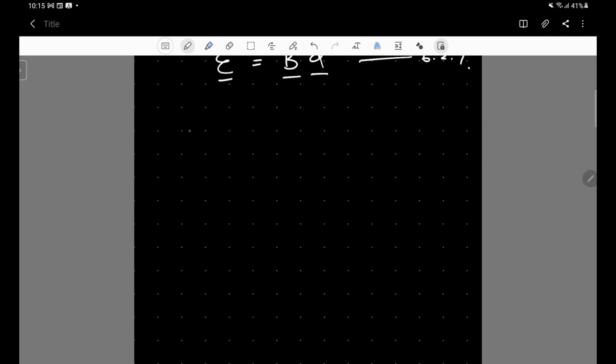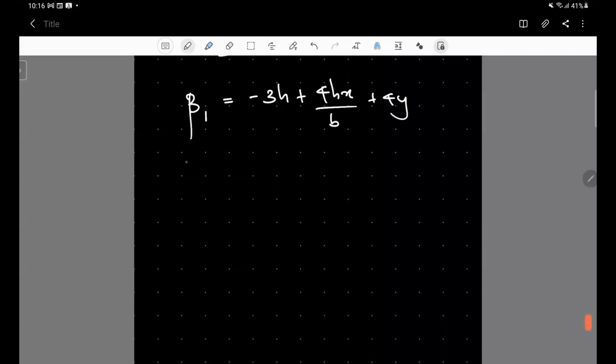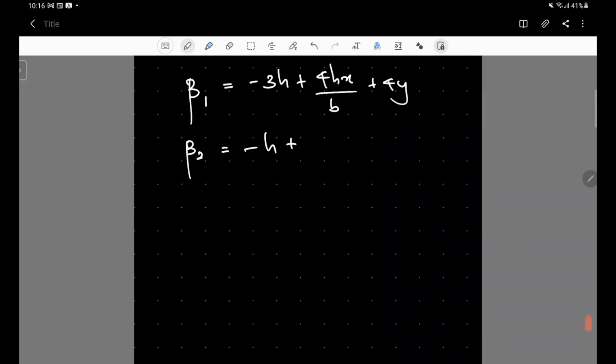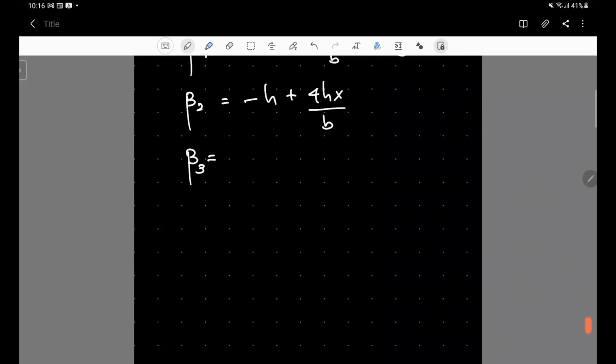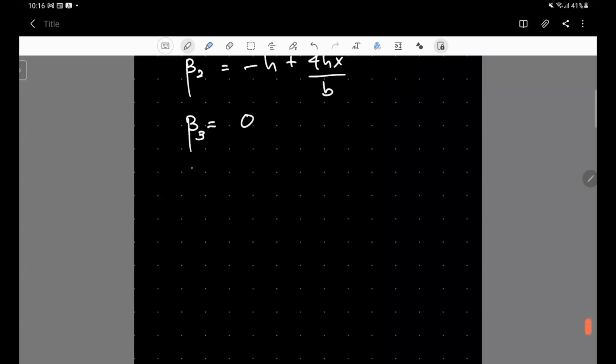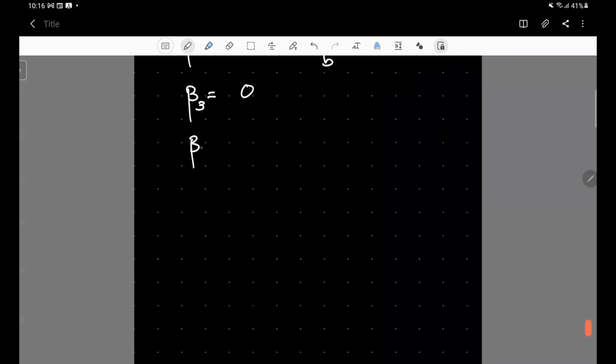Okay, so you would get beta 1 to be minus 3h, 4x b plus 4y, beta 2 term as 4hx plus b. So the important thing is that you do it on your own and check whether you get the correct answers, and clarify with me if there are any doubts.